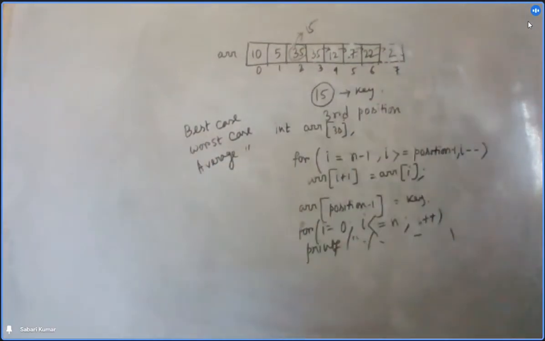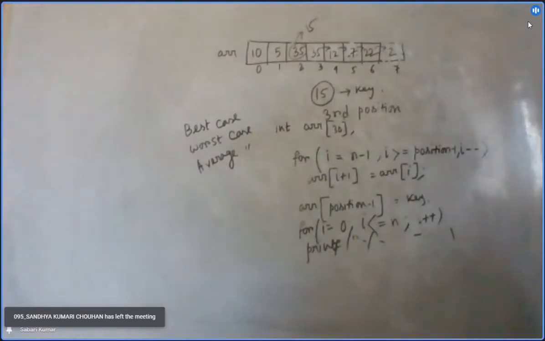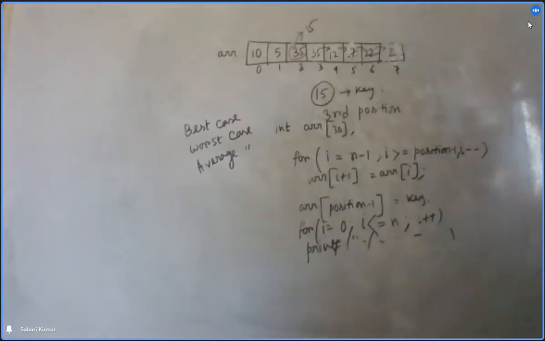You know that these are the basic three cases that come when we talk about the time complexity analysis of a specific algorithm. You will tell me what will be the best case time complexity of this particular algorithm, that means inserting a new element in a specific position.